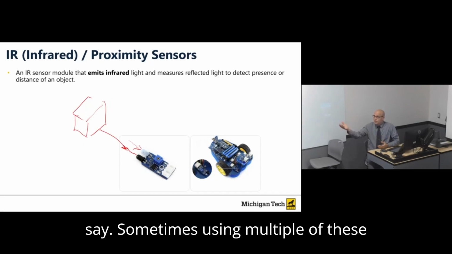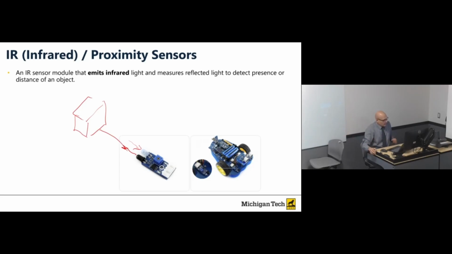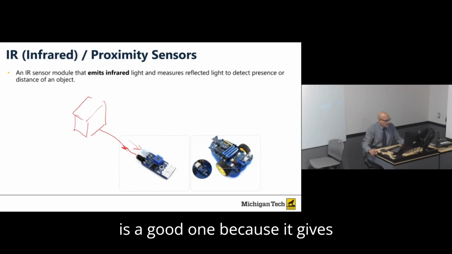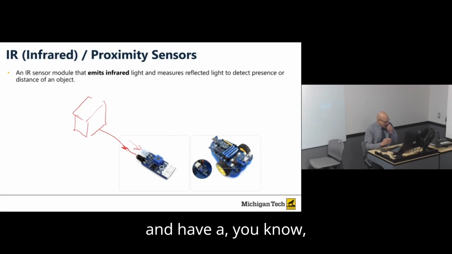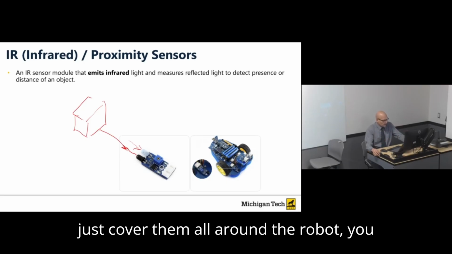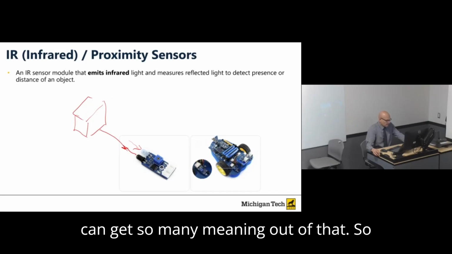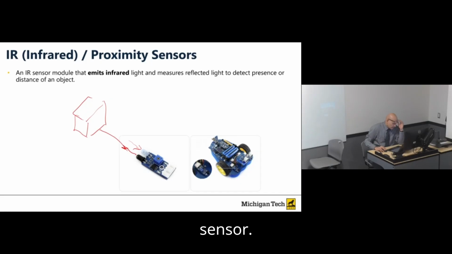This is what I want to say. Sometimes using multiple of these sensors can give you amazing power. Instead of having one, you can have like 100, for example. IR is a good one, because it gives you distance, and if you have multiple of them, and have an arrangement to turn them or whatever, even not turn them, just cover them all around the robot, you can get so much meaning out of that. So that's an infrared or proximity sensor.